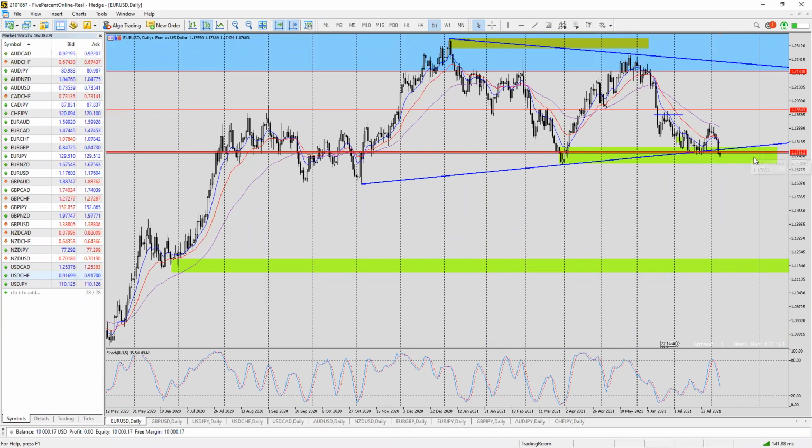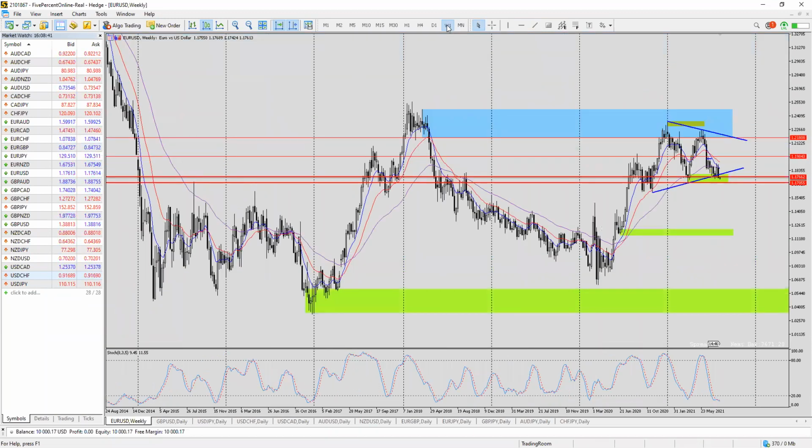The daily chart is quite bearish, but in order to really confirm a lower low, I would prefer seeing this entire demand zone, this green rectangle, being consumed and broken. And then if euro dollar closes below 117, then we're officially in a downtrend. Okay, lower highs, lower lows.